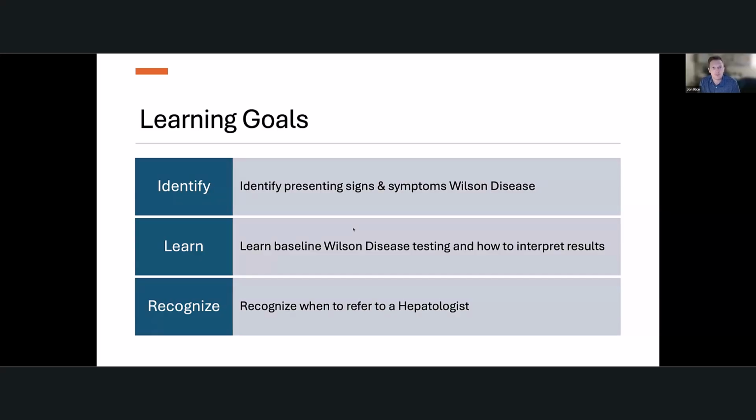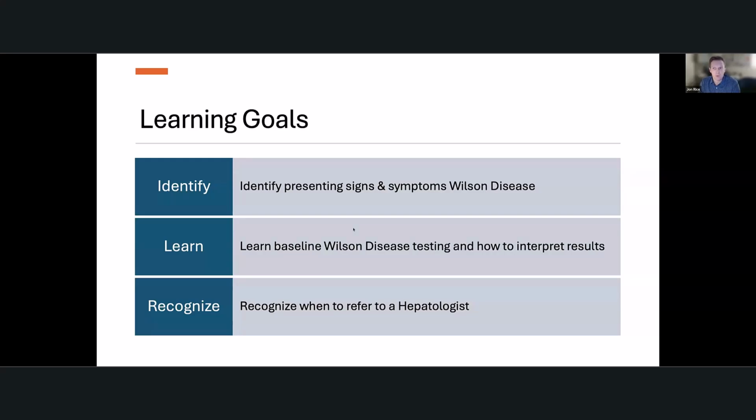So it mimics a lot of different things, and we have to know what to look for and when to look for it. But then also how to interpret the testing and results so that we know what to do stepwise, and ultimately when to refer to a hepatologist to help finish the workup and initiate treatment when the time comes. So starting off, what is Wilson's disease?